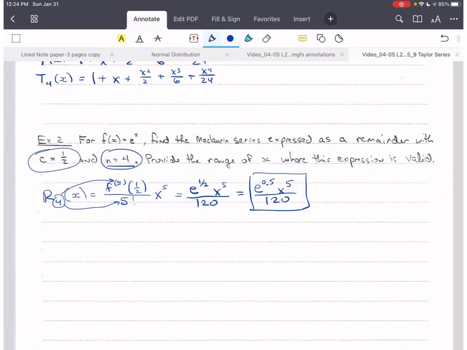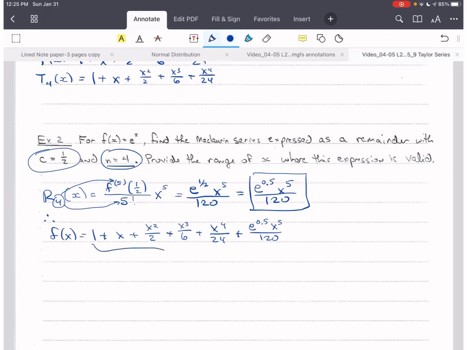And then we know that f of x is equal to 1 plus x squared over 2 plus x cubed over 6 plus x to the 4th over 24 plus e to the 0.5 x to the 5th over 120. This is my remainder.